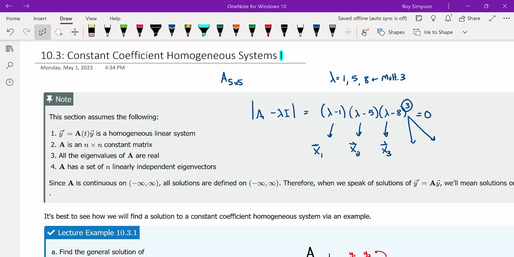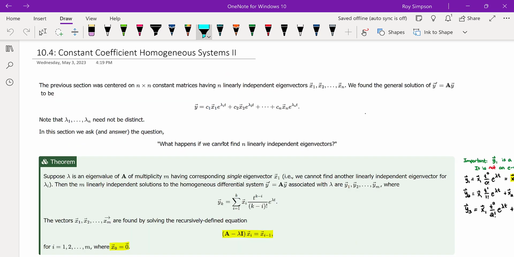But then in 10.4, which is titled Constant Coefficient Homogeneous Systems Part 2, we ran into the case where, going back to that same example, we have 3 distinctly different eigenvalues, but unfortunately, the one that has multiplicity 3 does not generate 3 linearly independent eigenvectors. What do you do in that situation?